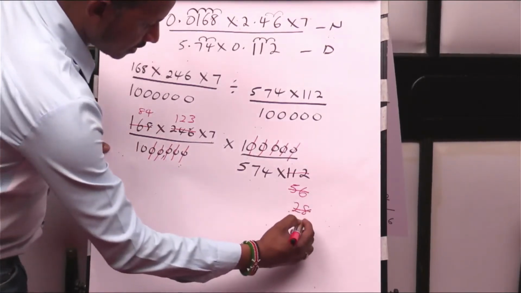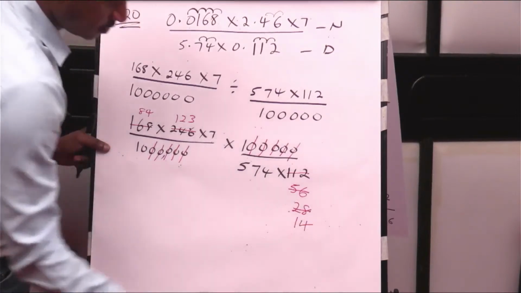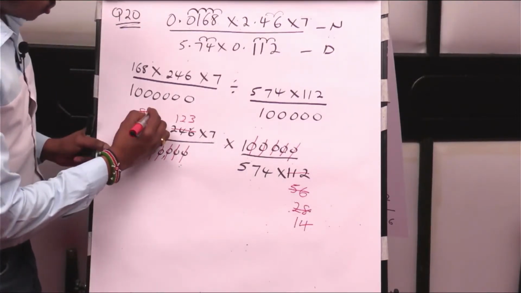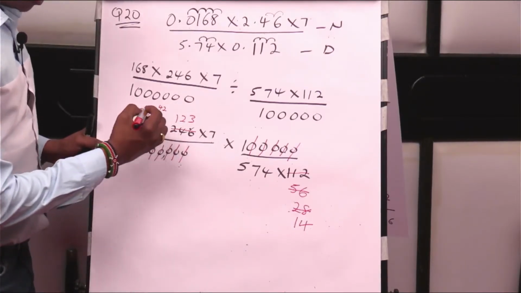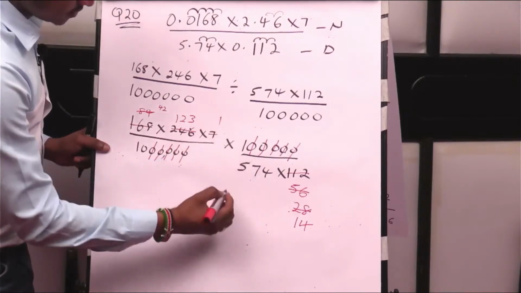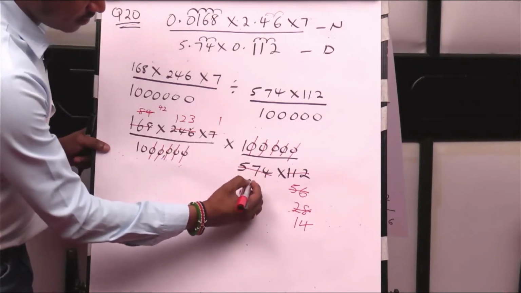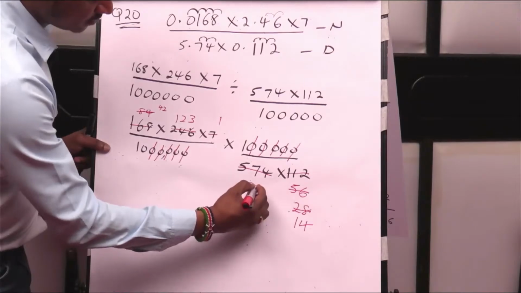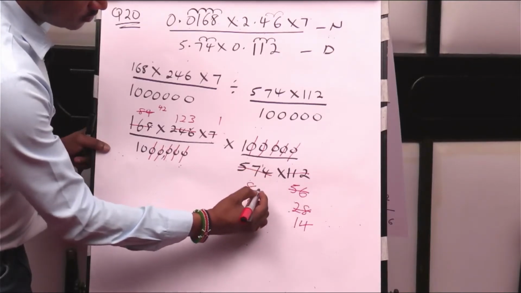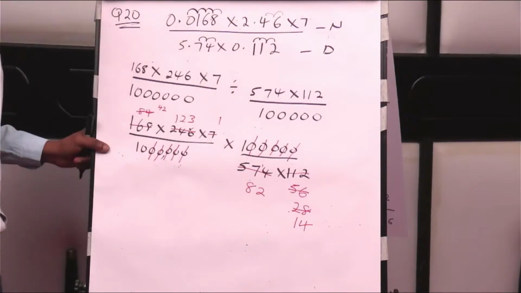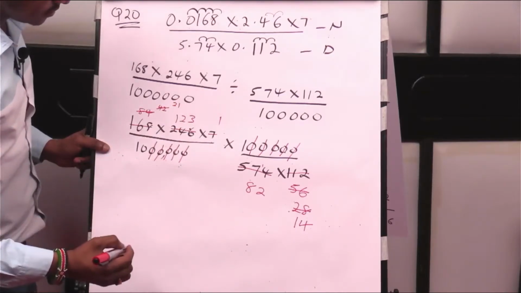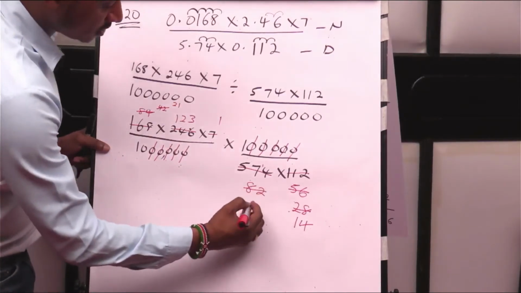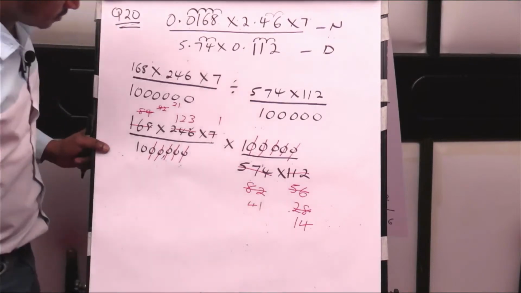Then 2 goes here, 14. 2 goes here, 42. Then 7 goes here once. 7 into 56, 8 times. 7 into 14, twice. Then 2 goes into 42, 21 times. 2 goes into 82, 41 times.